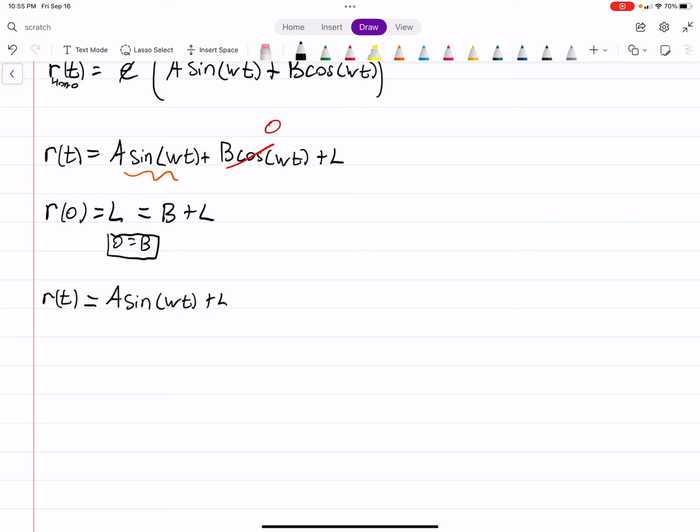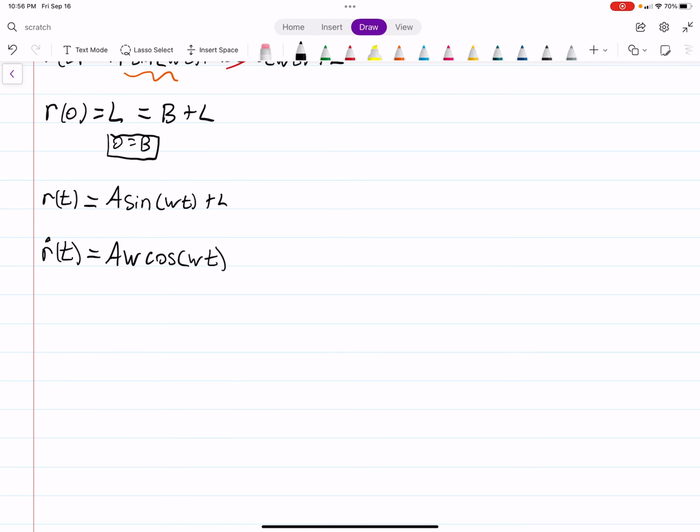Now we just need to find our constant a, and we can do that by taking the derivative to get a omega cosine omega t, and then of course the derivative of L is just 0. And we set this equal to v naught when we do r dot of 0.